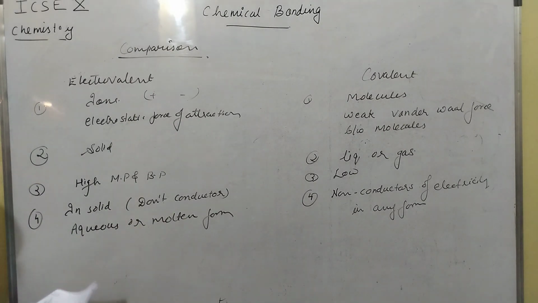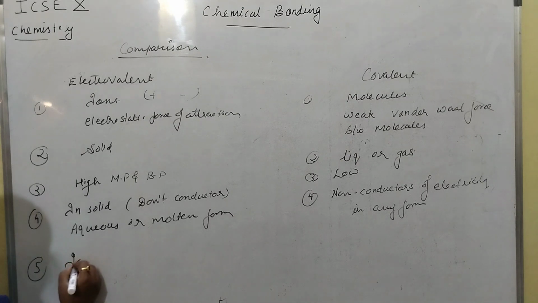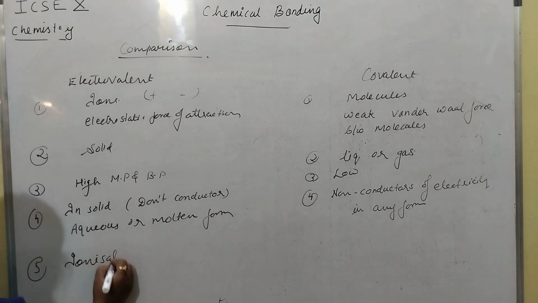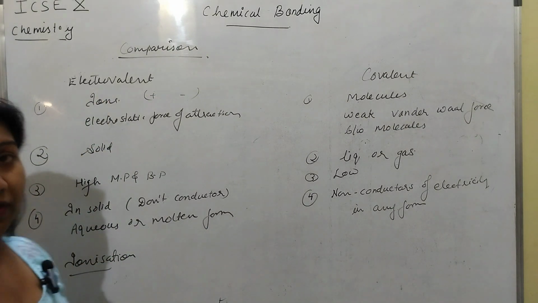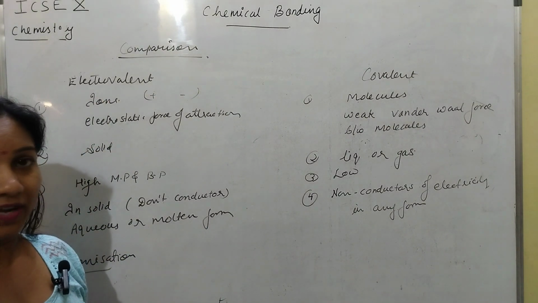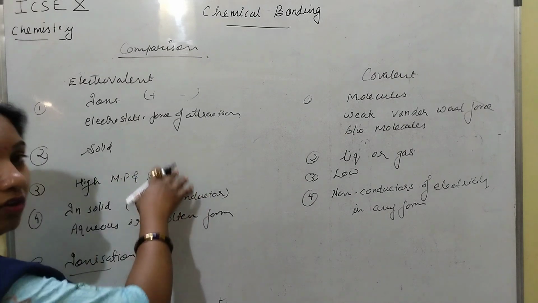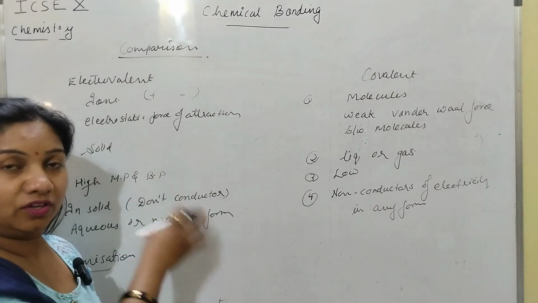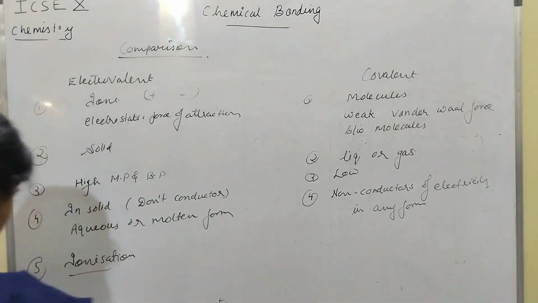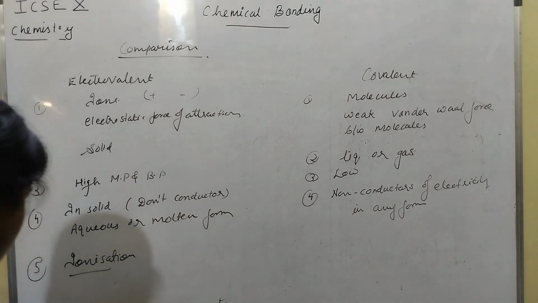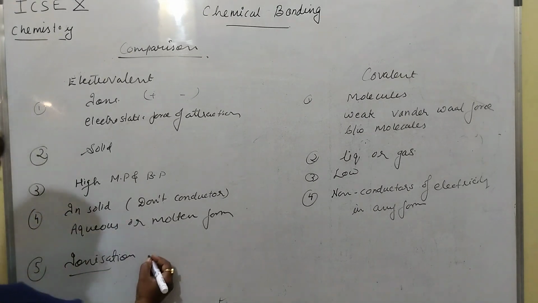Next is ionization in solution. Electrovalent compounds are already made up of ions, so ionization will not take place because they already have it. So what will happen in solution?